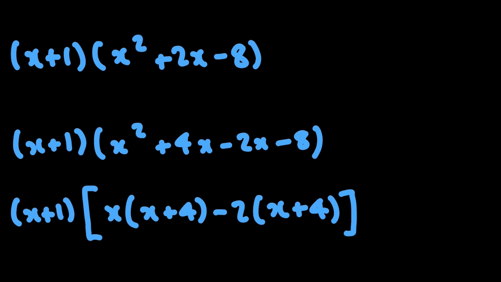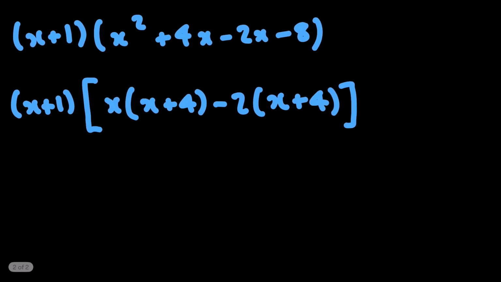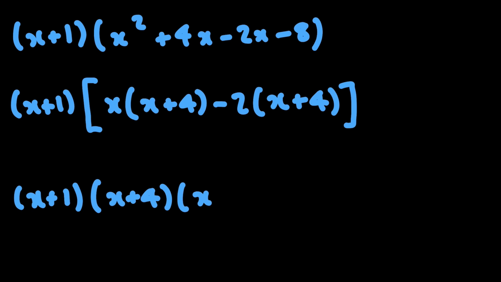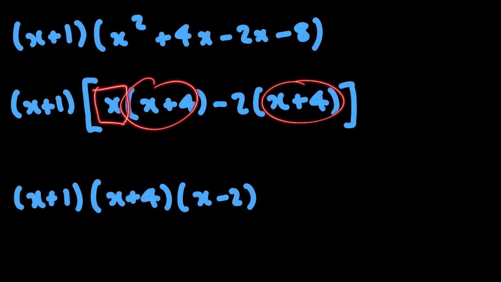So what does this actually mean? What this means is I can actually continue factorizing here. So if I have x plus 1 still on the outside, and I factorize out the x plus 4 again, you can see that I'll be left with x and I take 2. If I factorize these two, I'll be left with an x, and I'll be left with a minus 2.